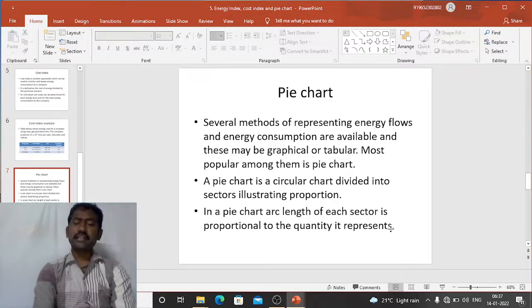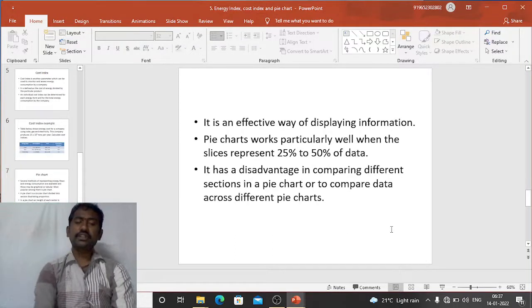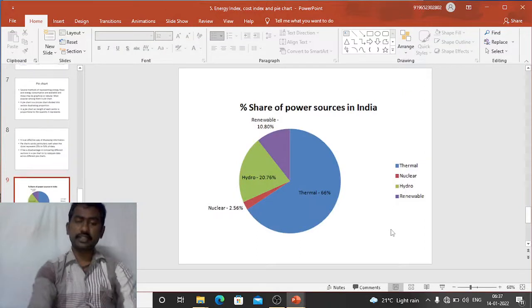In a pie chart, the arc length of each sector is proportional to the quantity it represents. It is an effective way of displaying information, and pie charts work particularly well when the slices represent 25% to 50% of data. It has a disadvantage in comparing different sections in a pie chart or comparing data across different pie charts.